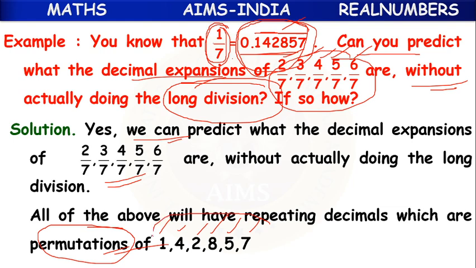Means by observing these decimal expansions, or by observing when they are repeating, by the permutations of these decimal places, we can find the expansion of equivalent rational numbers. That is also without long division method.